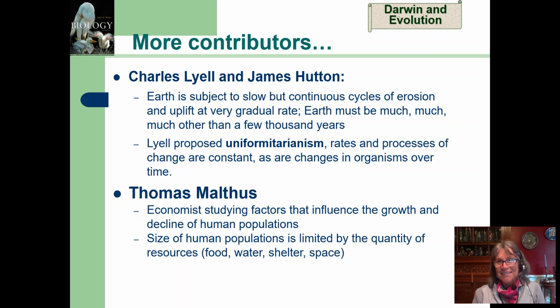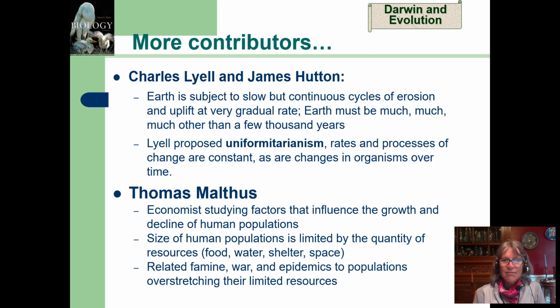And now we see these as very much accepted biological principles that we learned about at the beginning of the semester in chapters 44 and 45. The size of human populations is limited by the quantity of resources: food, water, shelter, space. We now call that carrying capacity. And what he did, he related famine, war, epidemics, all of these things to populations that had overstretched their limited resources.